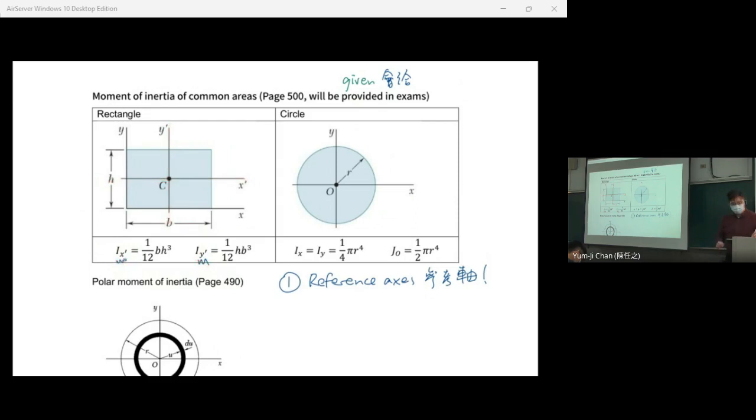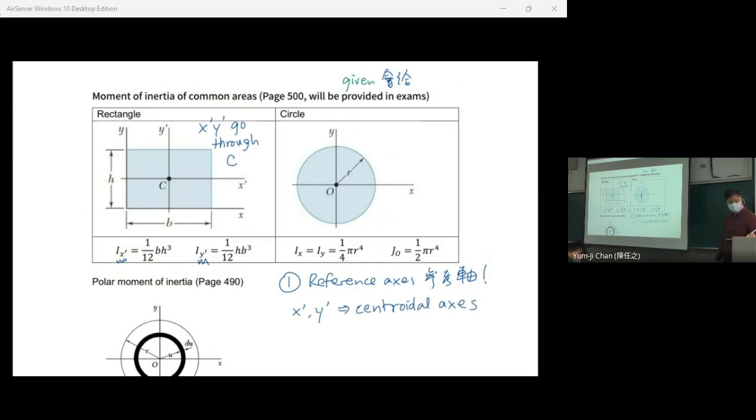They share one thing: the x prime and y prime axes go through C. C is the centroid, and these x prime and y prime are called centroidal axes. We will talk about centroidal axes later.